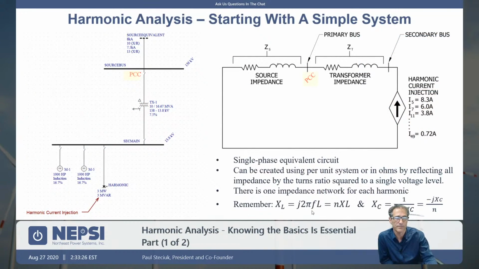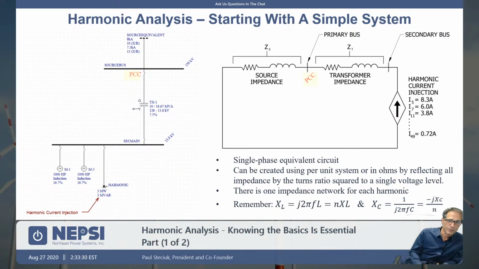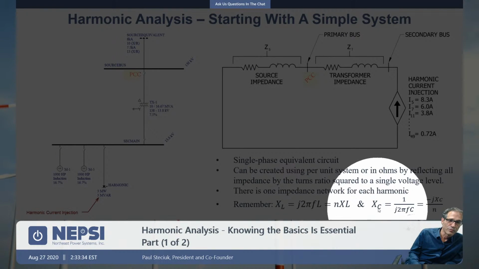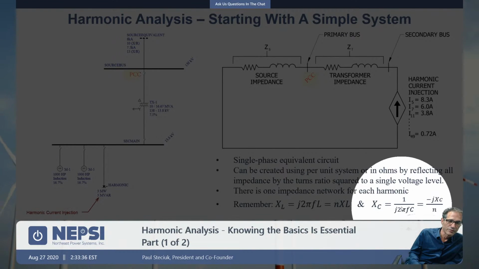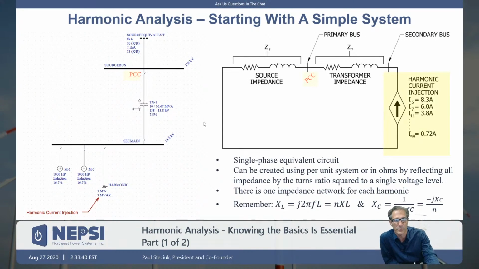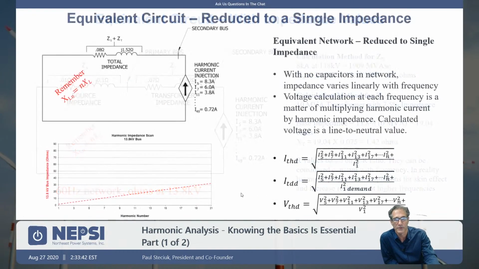So you have X of L equals 2 pi FL. And for a capacitor, remember, as you go up in frequency, the capacitive reactance drops off. We'll get into that in a moment. So let's move forward. So you get this straight line.